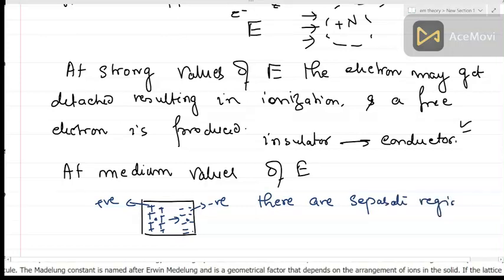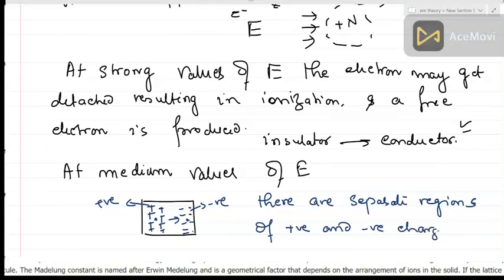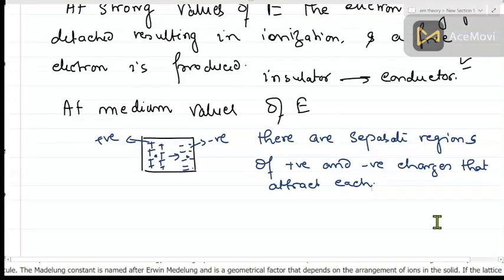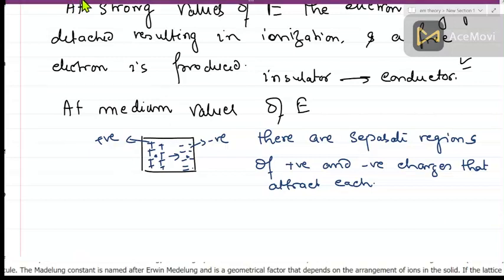And now these two charges attract each other. There are separate regions of positive and negative charges that attract each other.